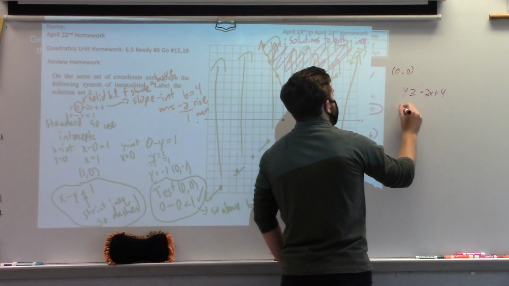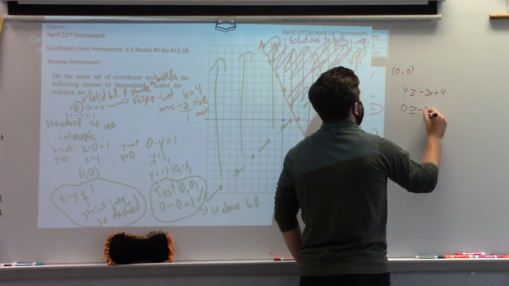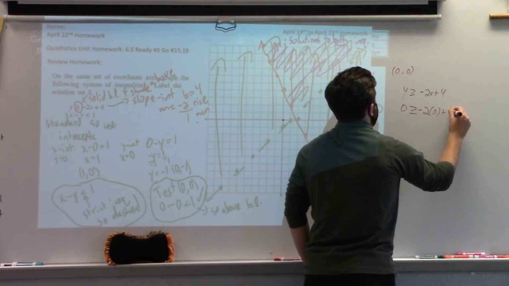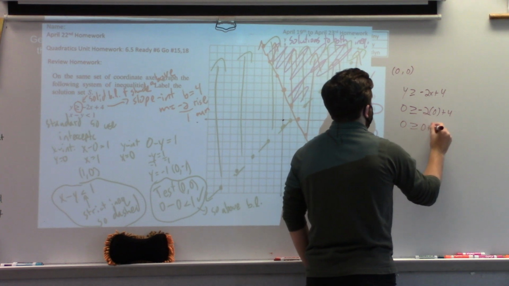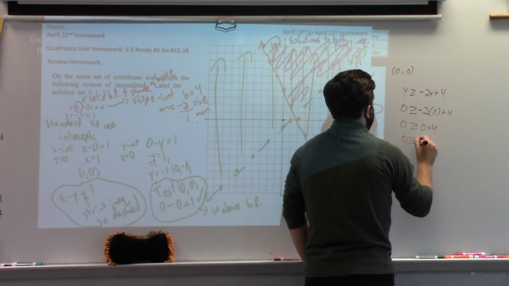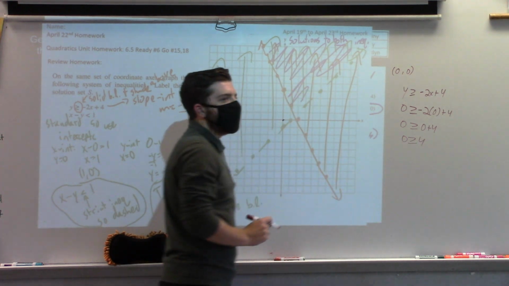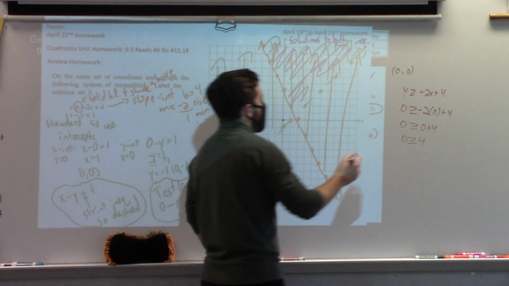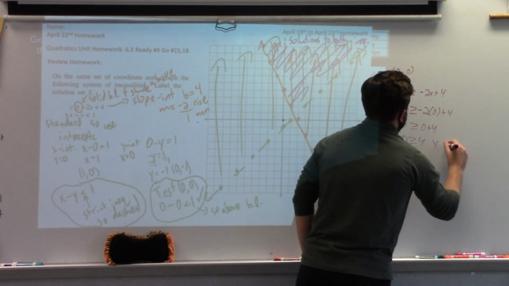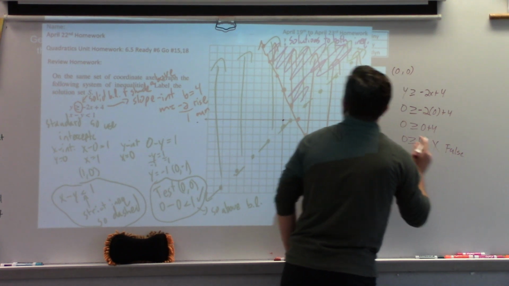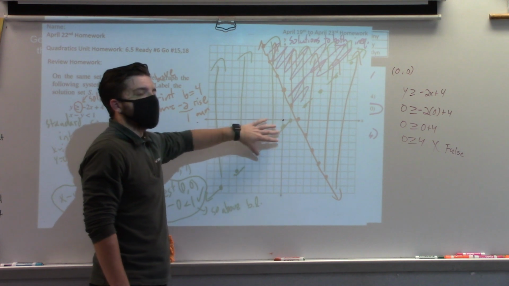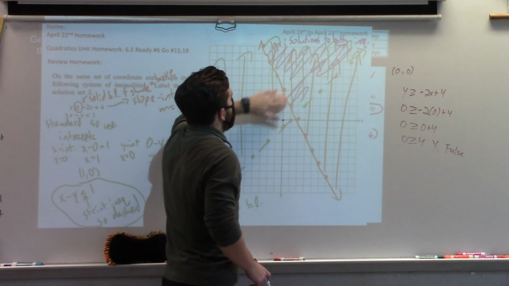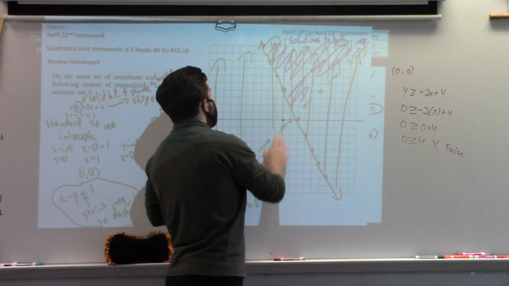So y is equal to 0 and x is equal to 0. Is 0 greater than or equal to 0 plus 4, so it's just 4? Is 0 greater than 4? No, so it was false, it didn't satisfy. Now we look and we know that 0, 0 is below this boundary line, so it's not a solution. So we shade on the opposite side, above.